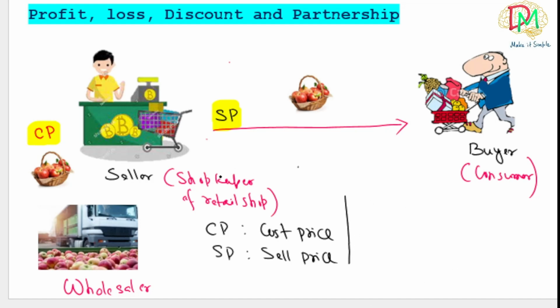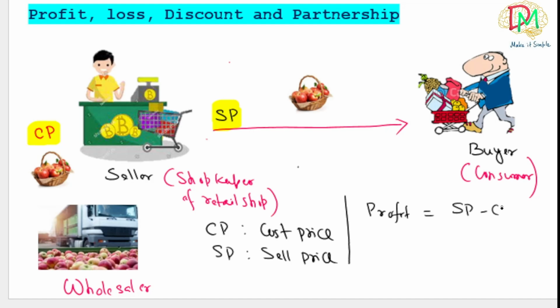And you must remember, the seller always does business for profit. So always keep the sale price, or SP, greater than CP. So the profit earned by the seller is equal to how much?